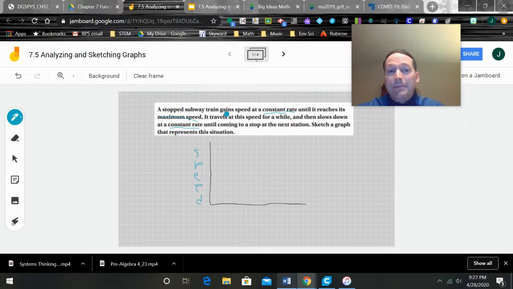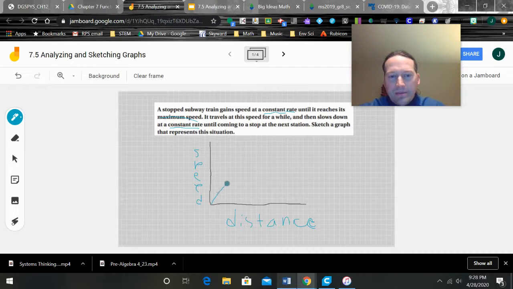Could be time. Let's call it distance because it's going from one station to the next station. Again, it doesn't really matter which one you do. If it was on a quiz, I probably wouldn't mark you wrong if you put time here. Either one's fine.